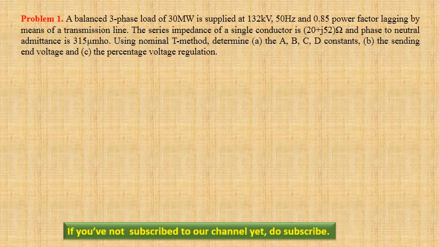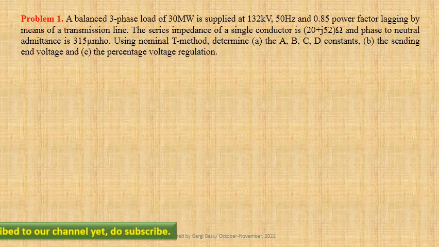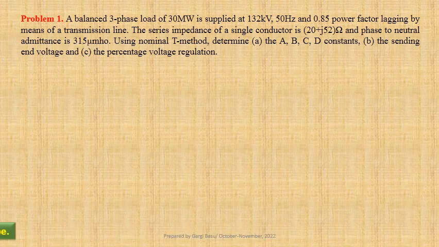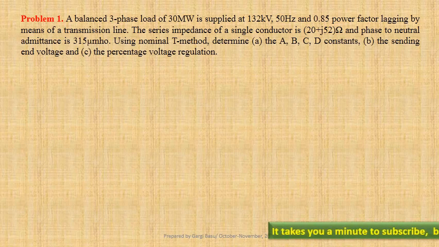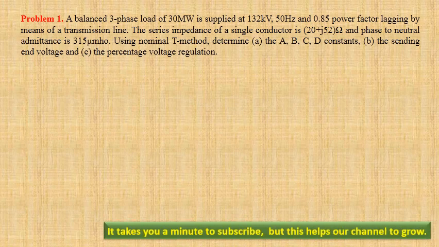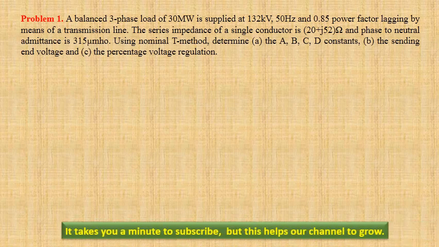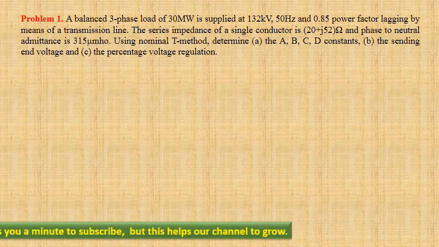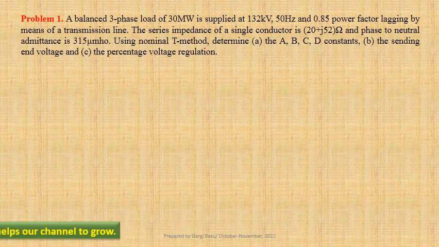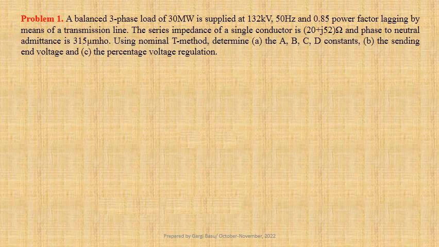The series impedance of a single conductor is 20 plus j52 ohm and phase to neutral admittance is 315 micromho. Using nominal T method, we have to determine the ABCD constants, the sending end voltage and the percentage voltage regulation. Let us first write down the given data.